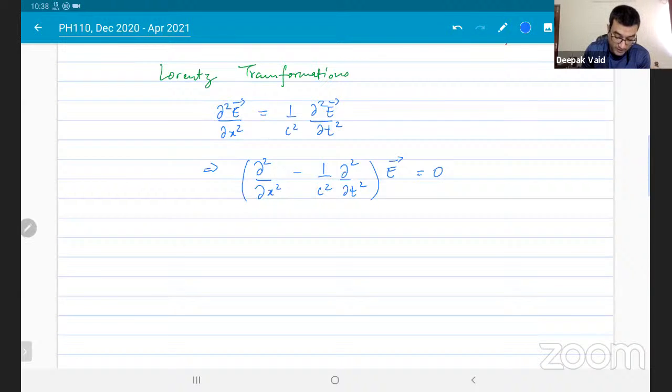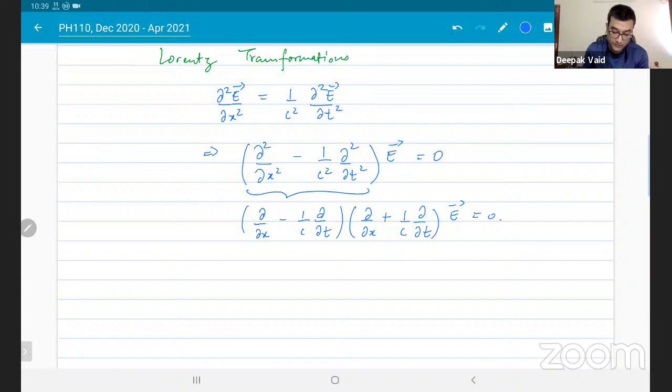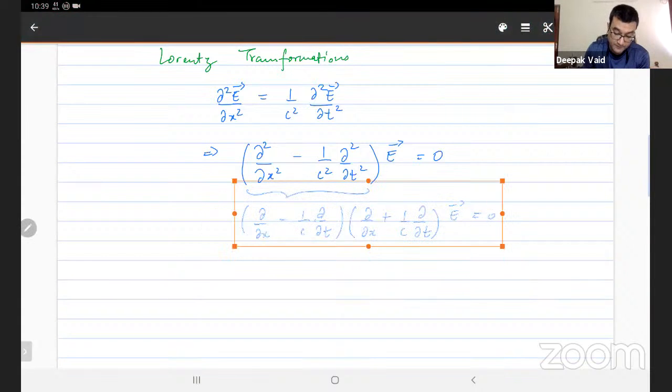This can be written as (d/dx minus 1/c d/dt)(d/dx plus 1/c d/dt) E equals 0.